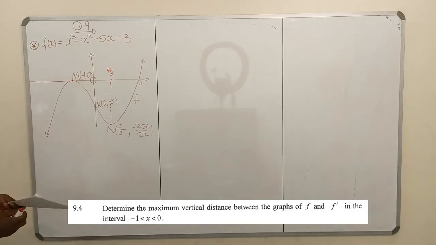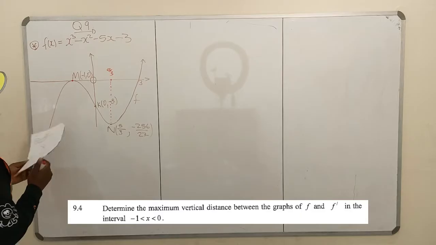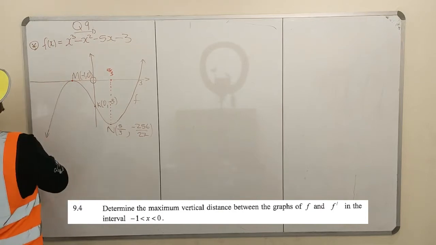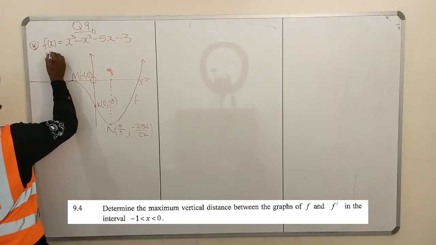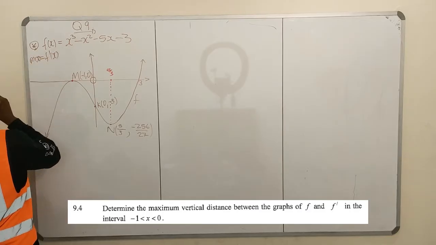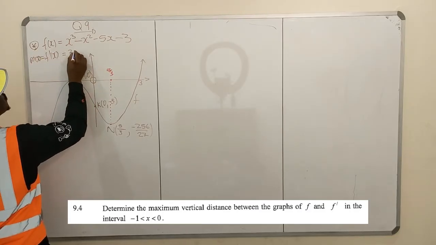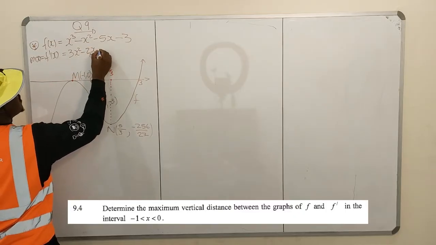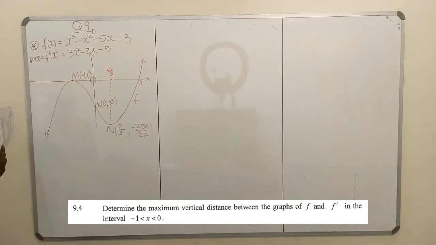So if you derive this, you get a gradient function. A gradient function is the derivative of this, f prime, because f prime gives you the gradient at a point. That's why I'm calling it a gradient function. f prime is equal to 3x squared minus 2x minus 5. So this is the gradient function.